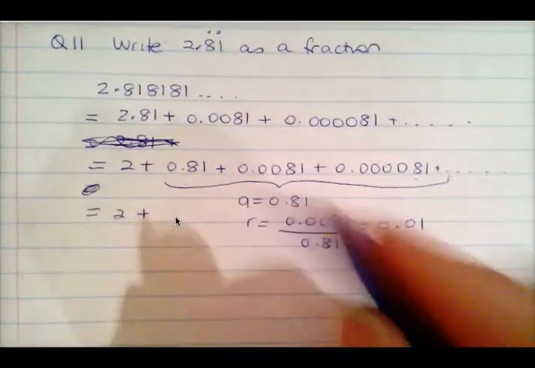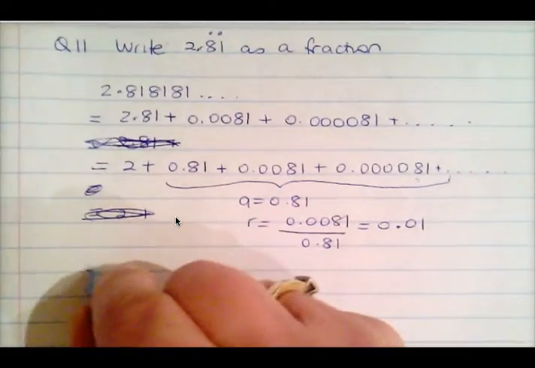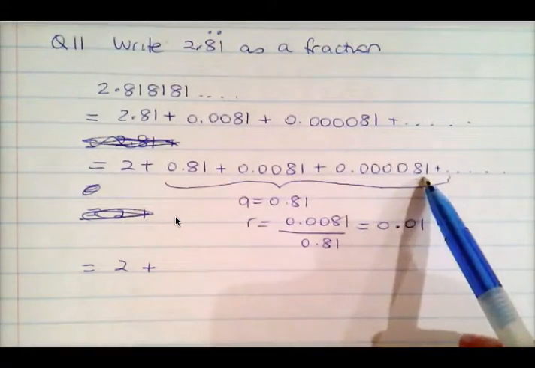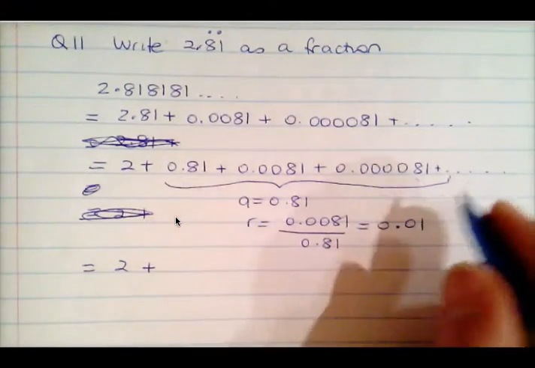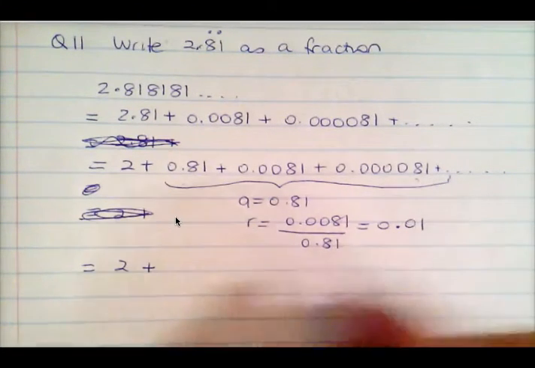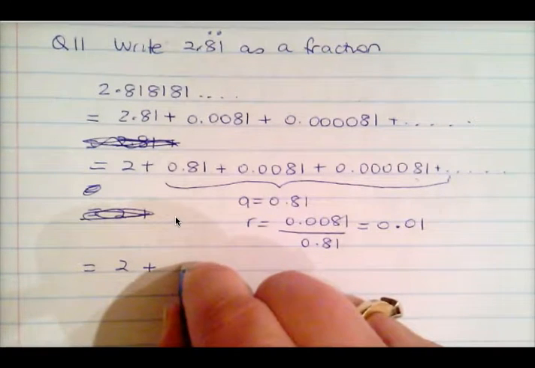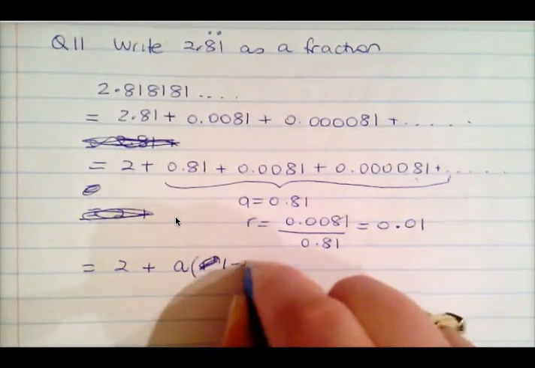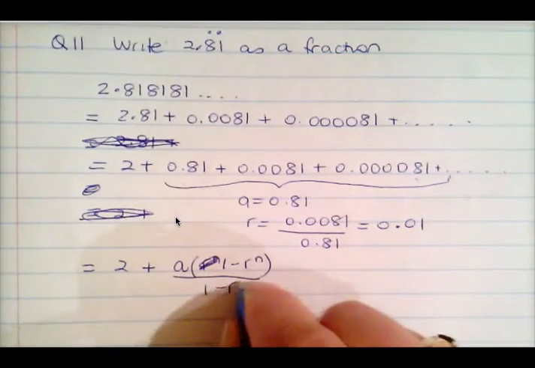So therefore, what we've got here is 2 plus the sum of a series. Remember it's a geometric series, and the common ratio is less than 1, so it's 1 minus r to the n over 1 minus r.